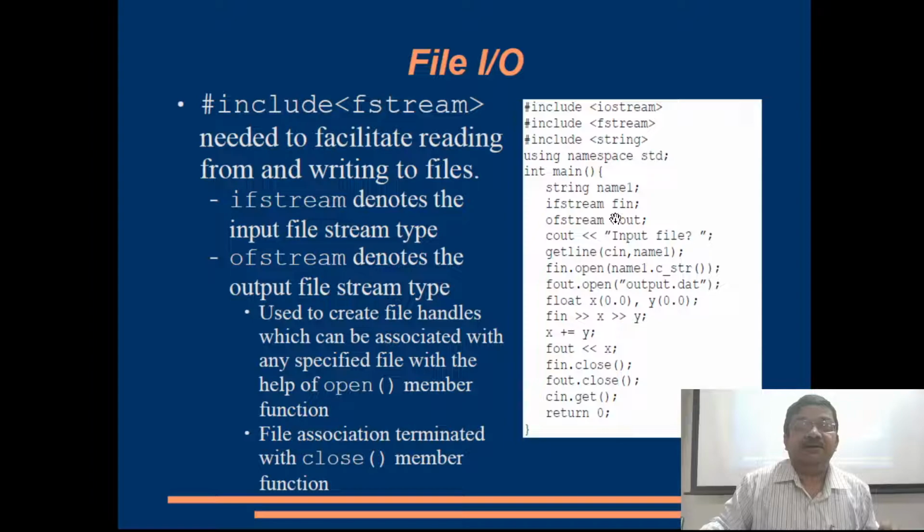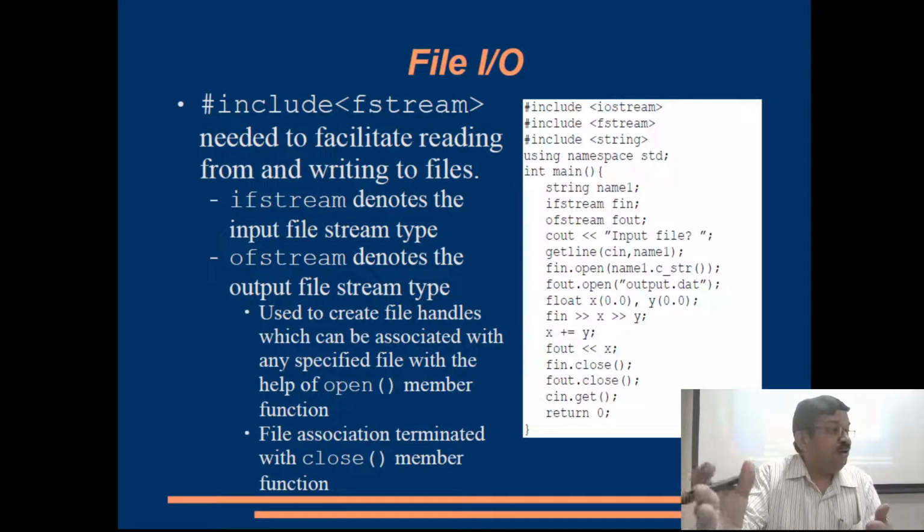Right? Now, what does that identifier do? What does any identifier do? It contains some value, right? So fin will be mapped to a file. That is up to me.